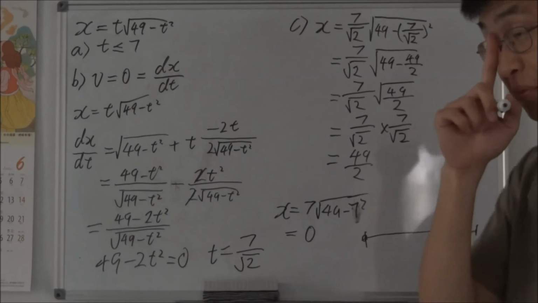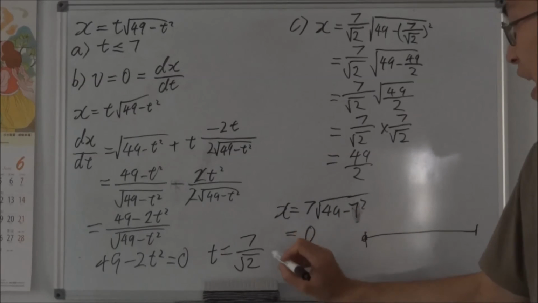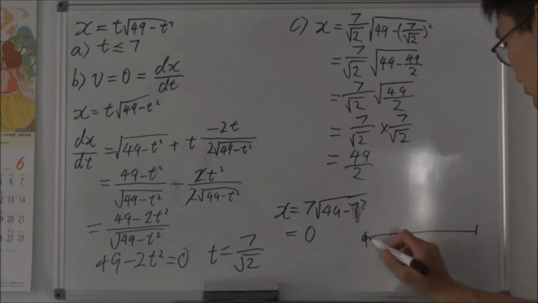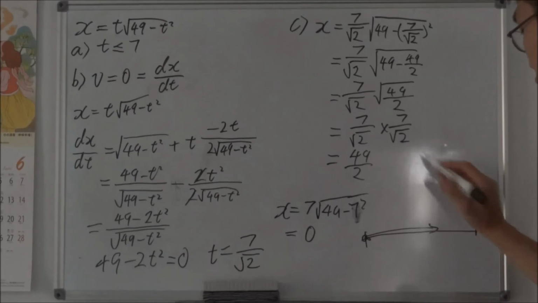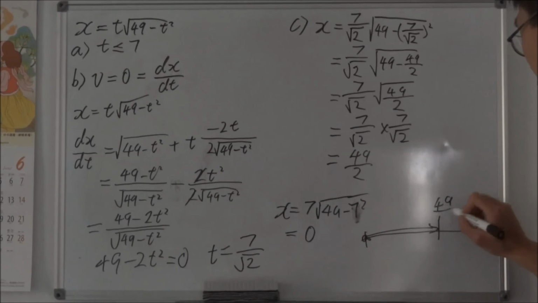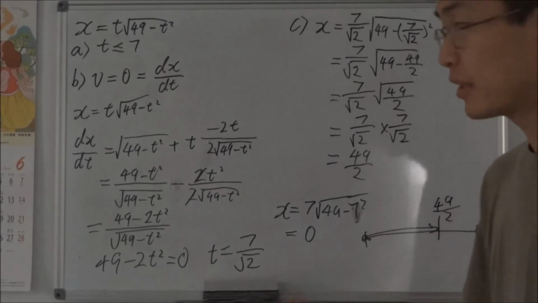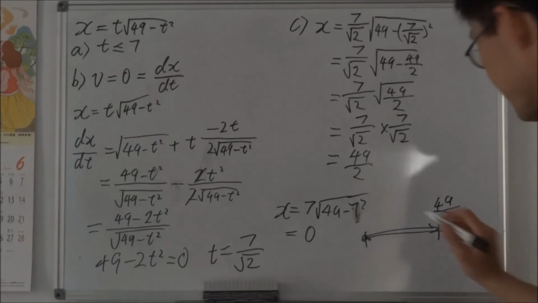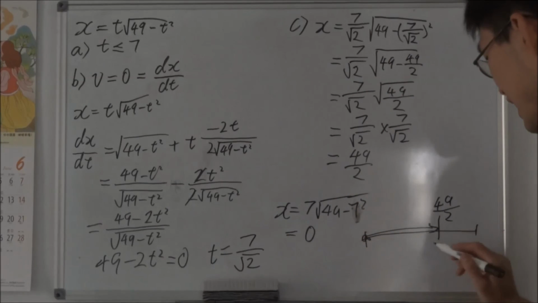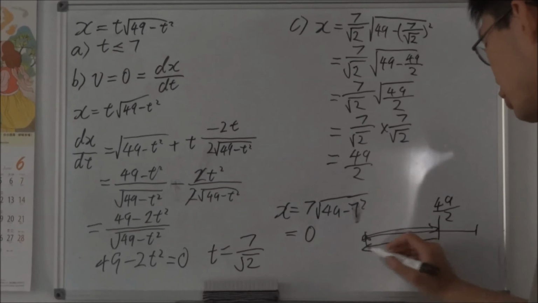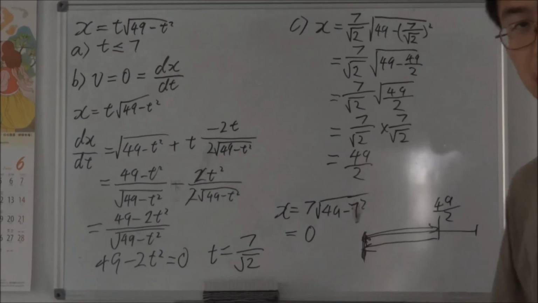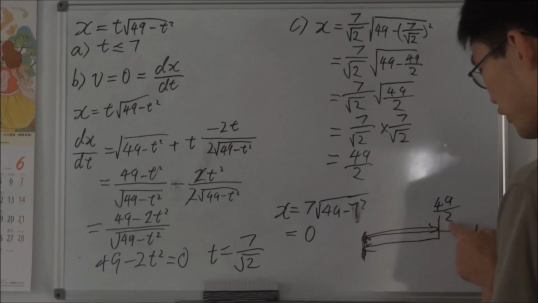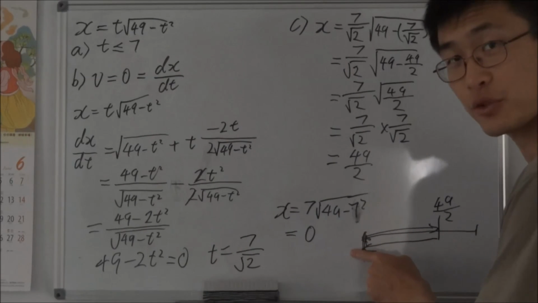And then when the time reaches 7 over square root of 2, it has traveled to 49 over 2. And then by the time t reaches 7, it has traveled back to the origin, which means that the total distance traveled is 49 over 2 this way and 49 over 2 this way.